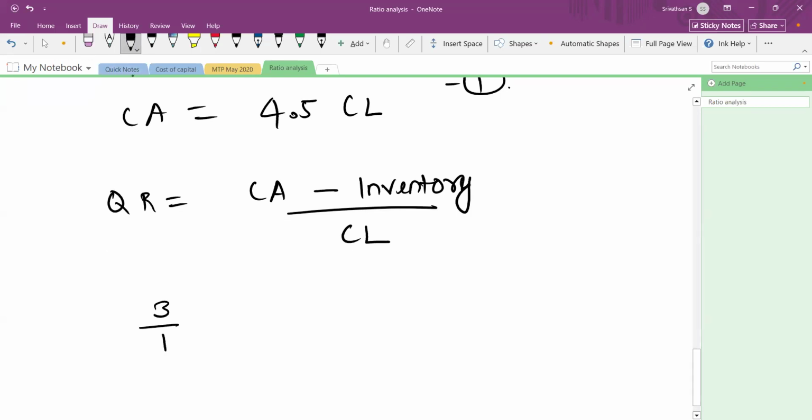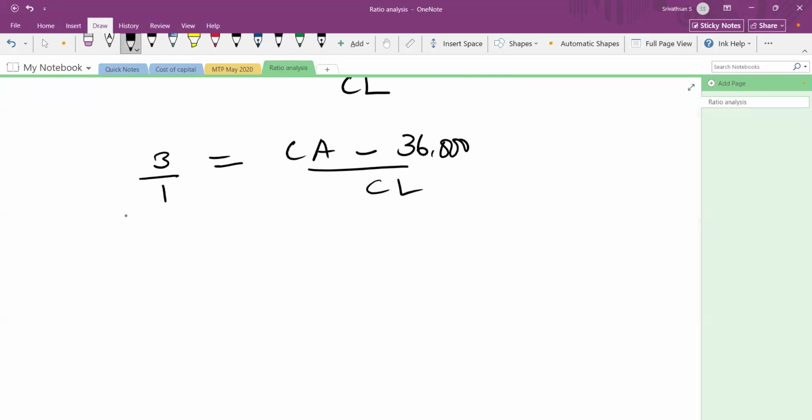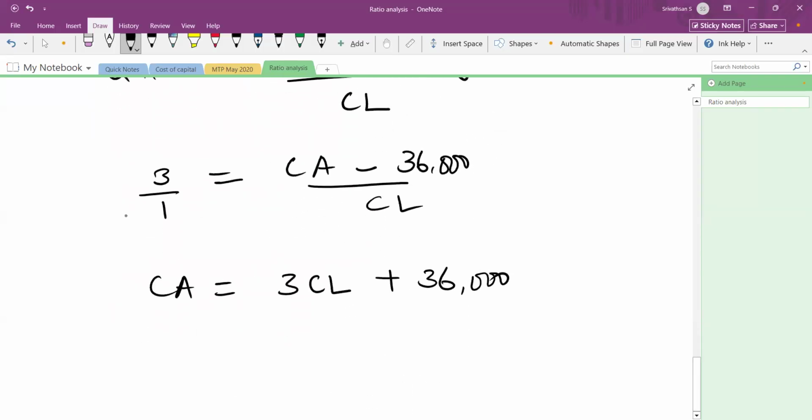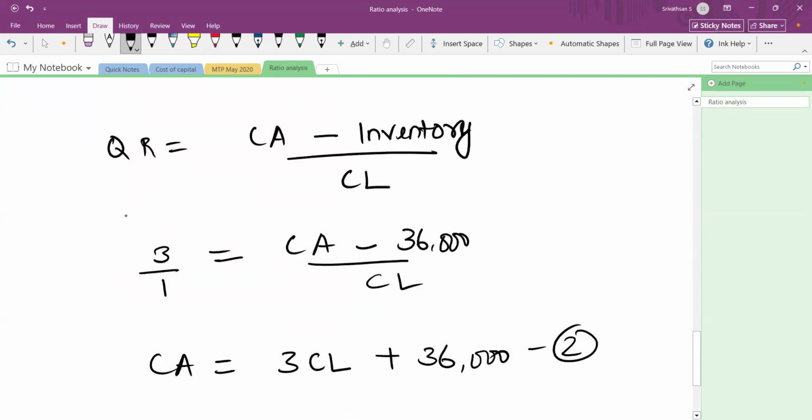So 3:1 is equal to current asset, which we don't know, minus inventory, which is 36,000, divided by current liability. So here we can write current asset is equal to 3 into current liability plus 36,000. Let's put it as equation 2. Equate equation 1 and equation 2.